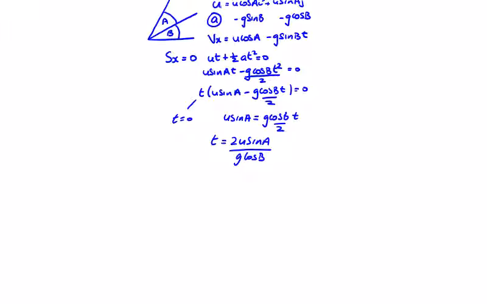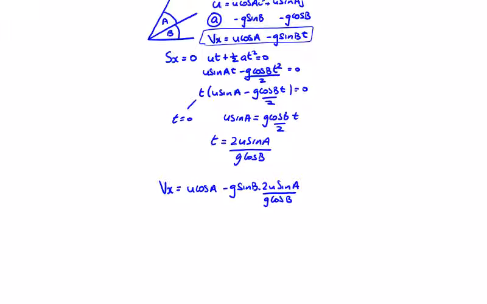If we put that into v of x being equal to 0, when s of y is equal to 0, we're going to get v of x is equal to u cos alpha minus g sine beta times 2u sine alpha over g cos beta.